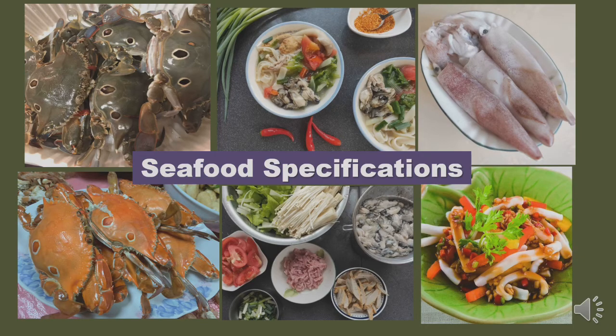And the last one will be the squid. Yes, this one is not so big because it is just made for the appetizer as a salad dish, so we don't need the big sizes. But if you want to make the main course, yes, big size will be needed and necessary.